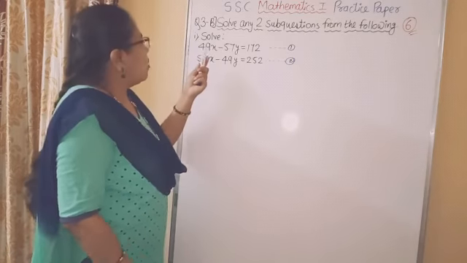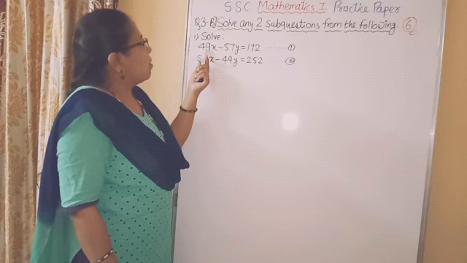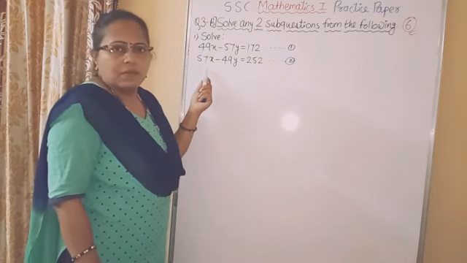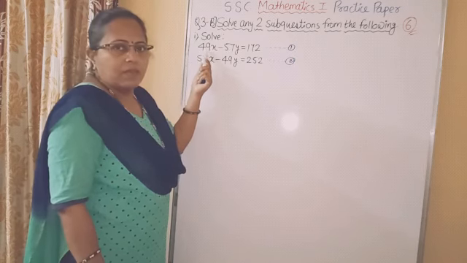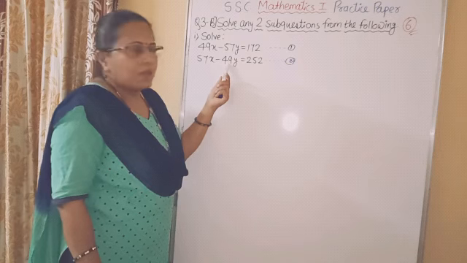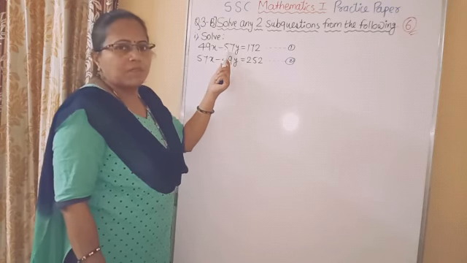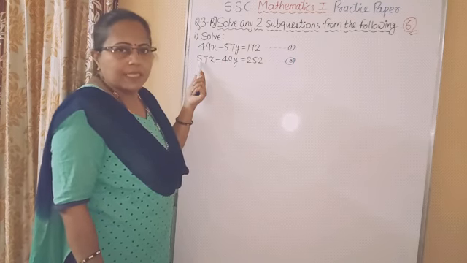Now students, if you observe these equations, you can see that the coefficients of x and y are interchanged. The coefficient of x in the first equation is 49, which is the coefficient of y in the second equation. The coefficient of y is minus 57 in the first equation, and in the second equation it is the coefficient of x.